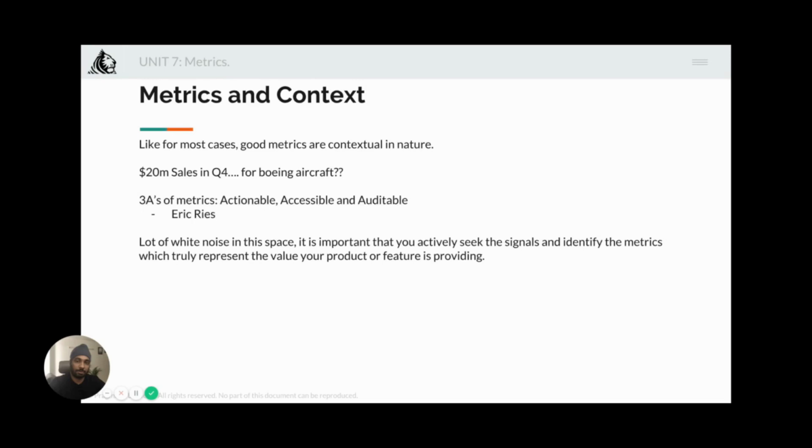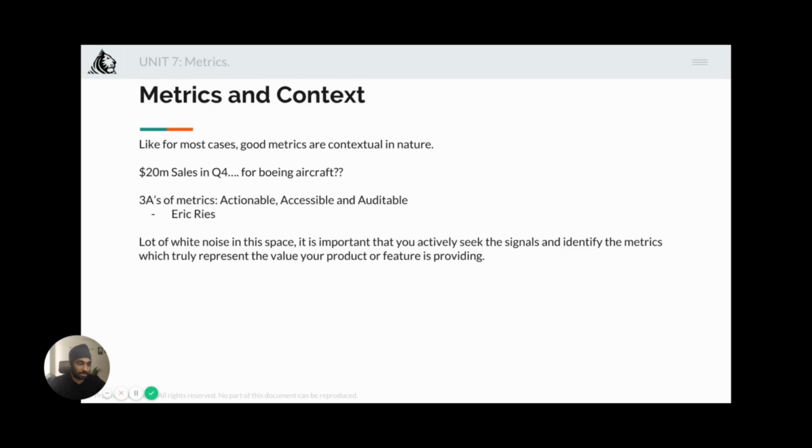And finally, auditable. Let's say you hear the number and you think, oh my god, this is unreal, let me audit this because something doesn't sound right. So you should be able to audit it. There should be a very clear track, a clear direction in which you can move to audit the numbers, right?